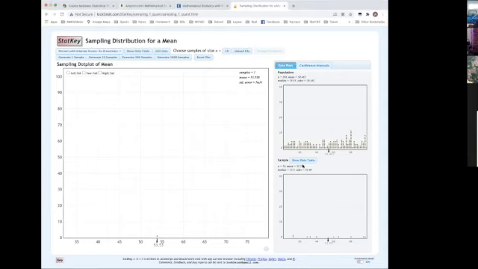But my sample mean was 55.53. And my standard deviation here was 31.68.